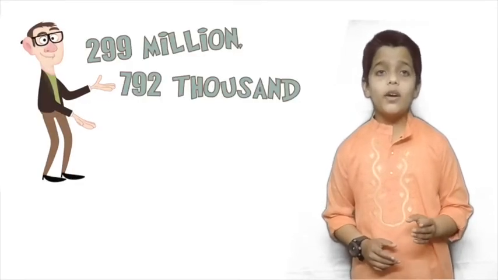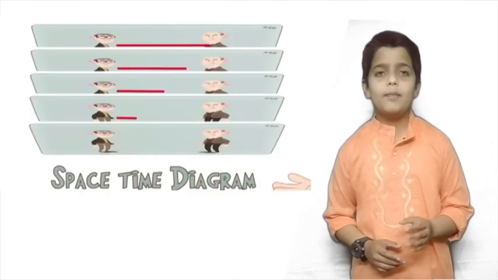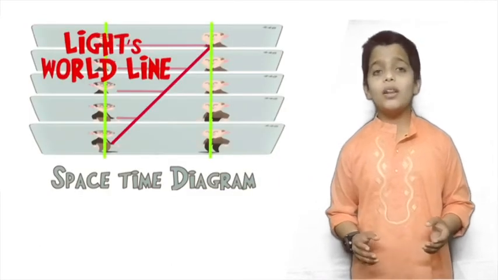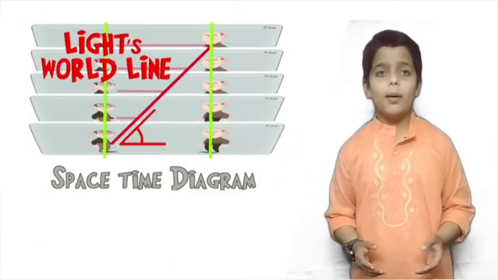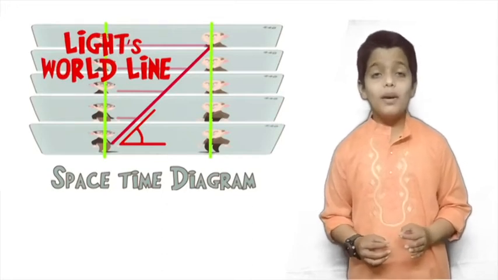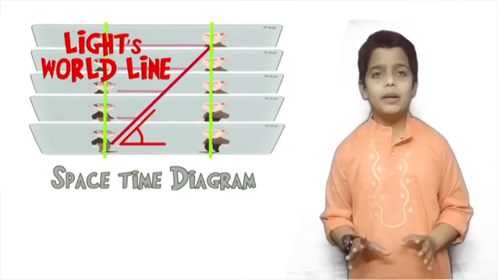In this video, I'll add this single experimental fact: whenever anyone measures just how fast light moves, they get the same answer: 299,792,458 meters every second. Which means that when we draw light on our space-time diagram, its world line always has to appear at the same angle.